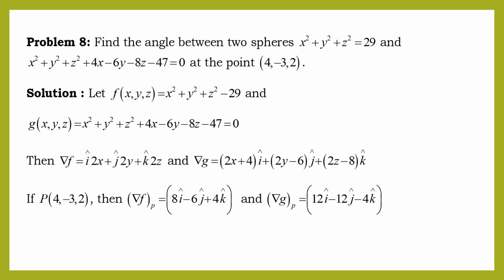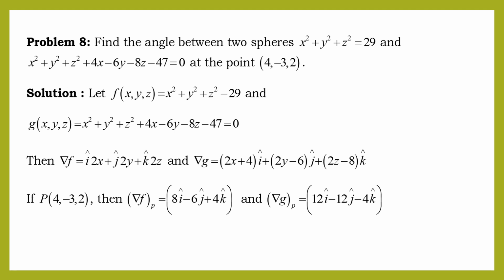But here we have to find out the angle between these two surfaces at the given point. In this problem, two spheres are given and a point is given. Finding the angle between two surfaces is equal to finding the angle between normals to the surfaces at the given point.